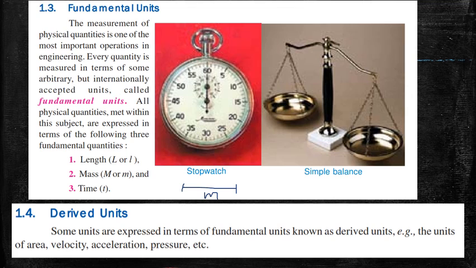What about area? Area, it's length times length. So it would be meter square. Meter square is meter times meter. So meter square is a derived unit. It comes from the basic unit or the fundamental unit, which is meter, and so on.